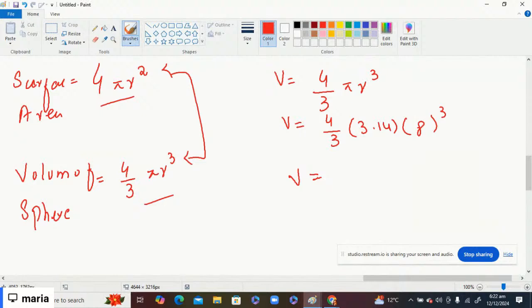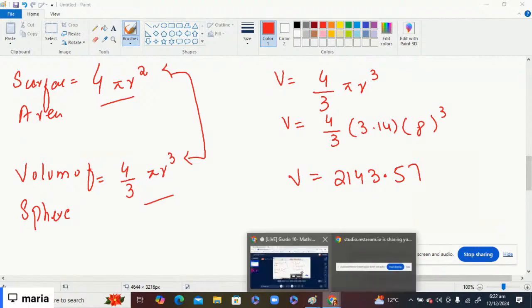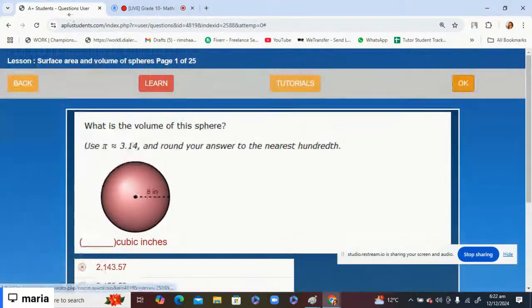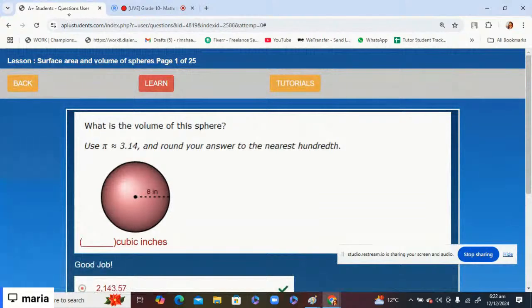Okay, and here is also the times for 3.14. And now just dividing your answer over the 3, then 2143.57 is your answer. So let's see, 2143.57. Okay, option A, that is the right answer.